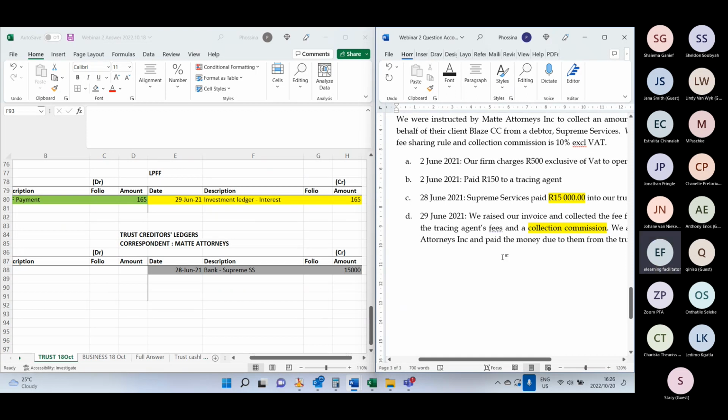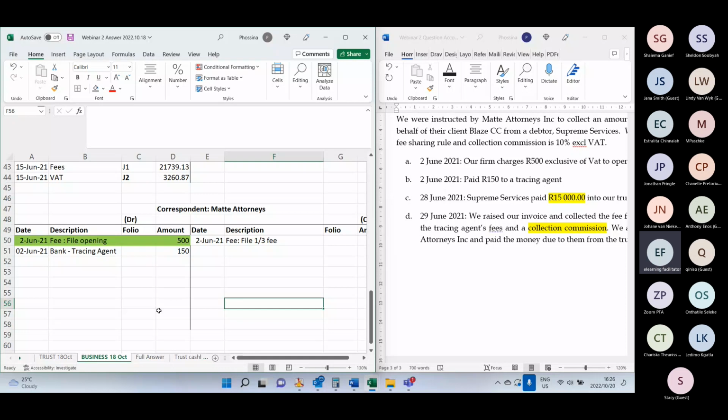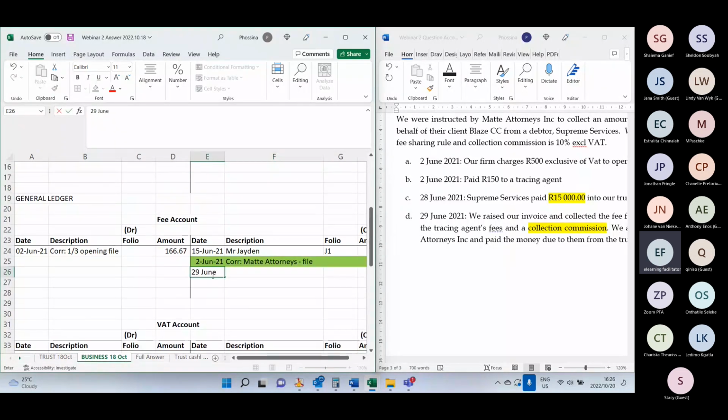So for us to account for it, we go back to the business account, which is our fee. So how do we raise our fee? On the 29th of June 2021, on our fee account, this is the collection commission.